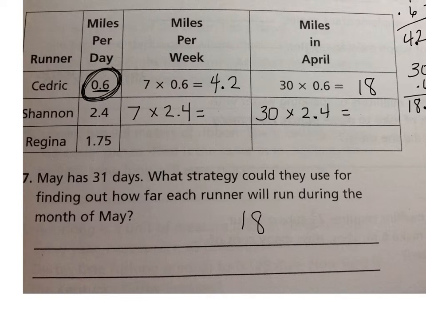So we just need to add, and this is going back to the beginning of the year, we need to add these together. And right now you can see already I made a mistake because I was thinking multiplication. When we add, we need to line up our decimal points, and this really truly should have just been mental math. That is incorrect. We know that it's going to be 18.6 because there's 1 extra day in May.